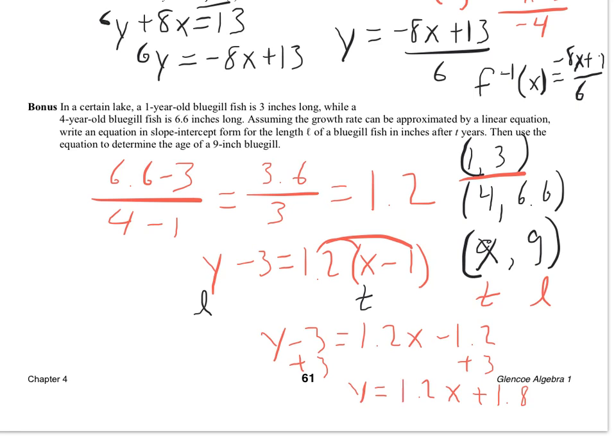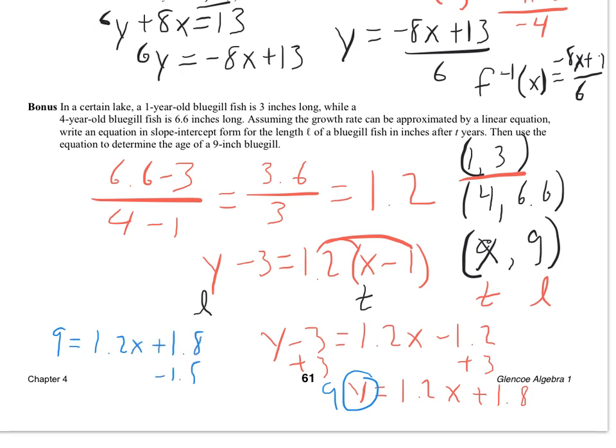All right, now we want to find out how old this bluegill is. So that means I have to change that y for a 9. So now 9 is equal to 1.2x plus 1.8.